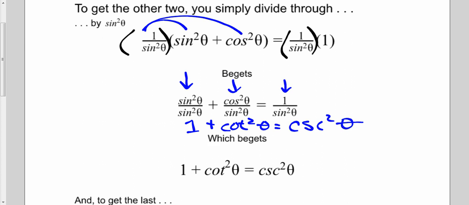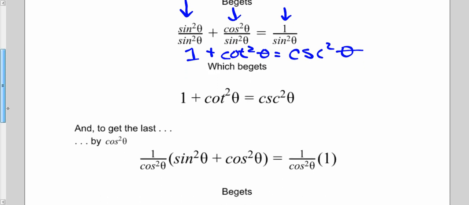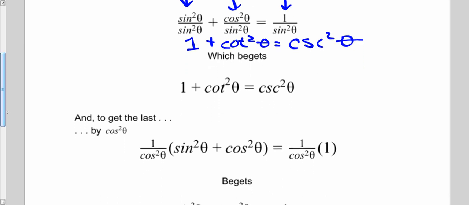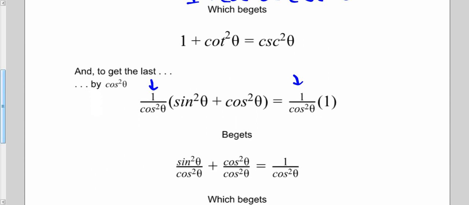Okay? And then, how do you think I get the last one? I multiplied this by 1 over sine squared theta to simplify this to 1. How do you think I can simplify that to 1? Oh, 1 over cosine squared theta. Look at that. Kaylee is on top of it. So I multiply both sides of my equation by 1 over cosine squared theta. And then, when I do, I distribute, and I get sine squared theta over cosine squared theta.